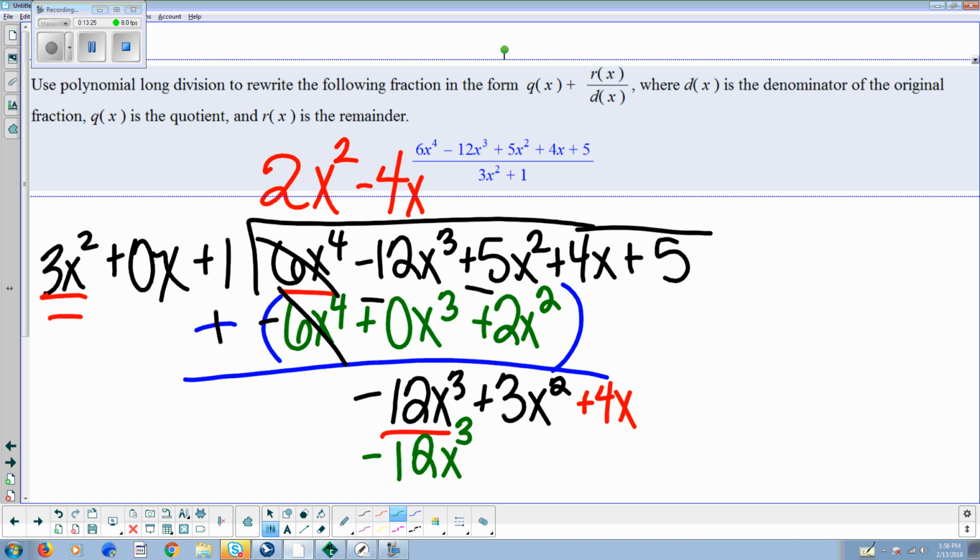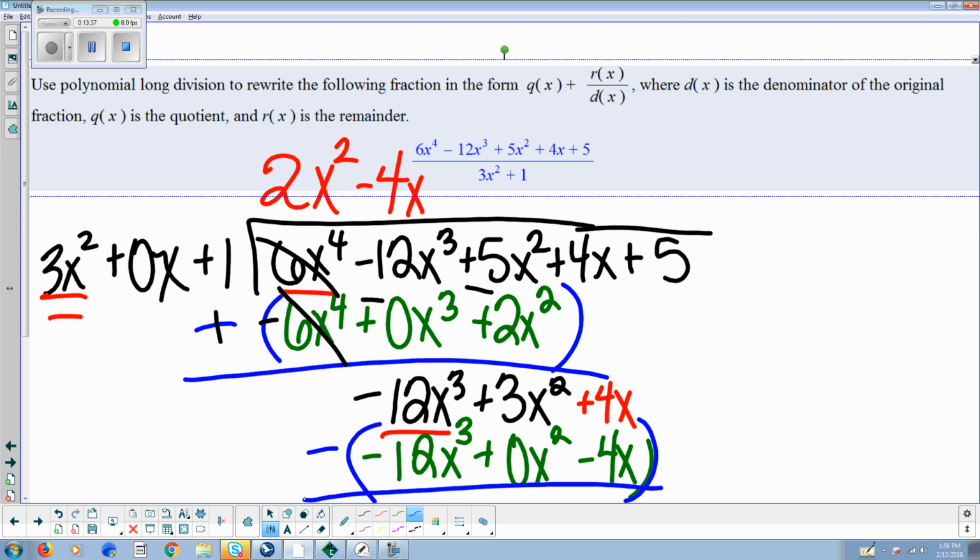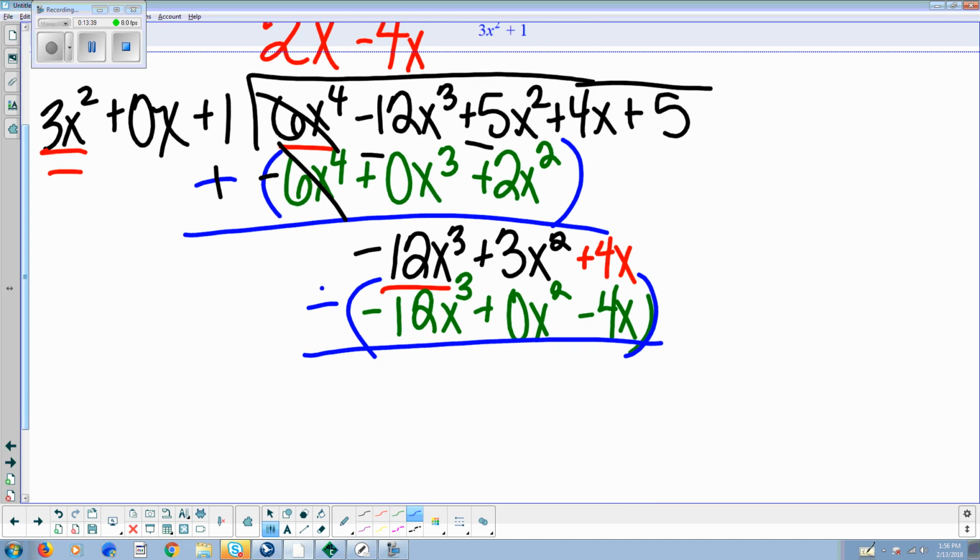Negative 4x times 0x is 0x squared. Negative 4x times 1 is negative 4x. We are going to subtract. So I'm going to change to adding the opposite.